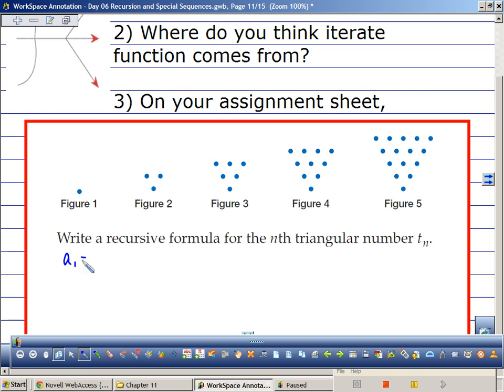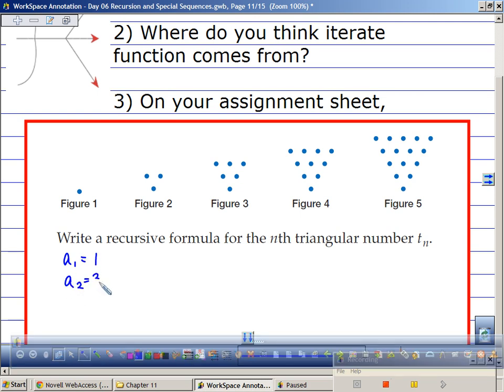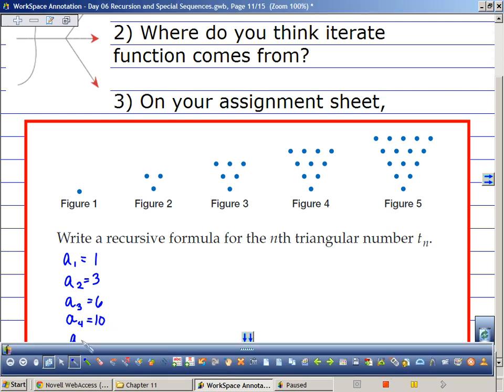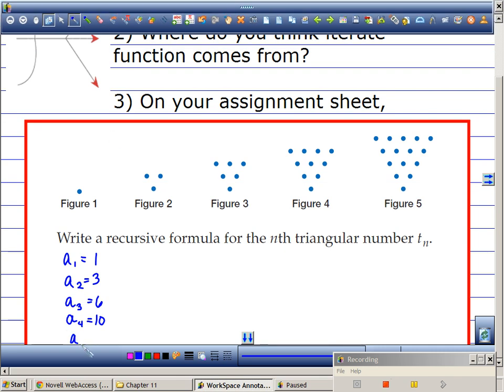What's a sub 1? What's a sub 2? What's a sub 3? What's a sub 4? What's a sub 5? Try and find a pattern. Does anybody see it?